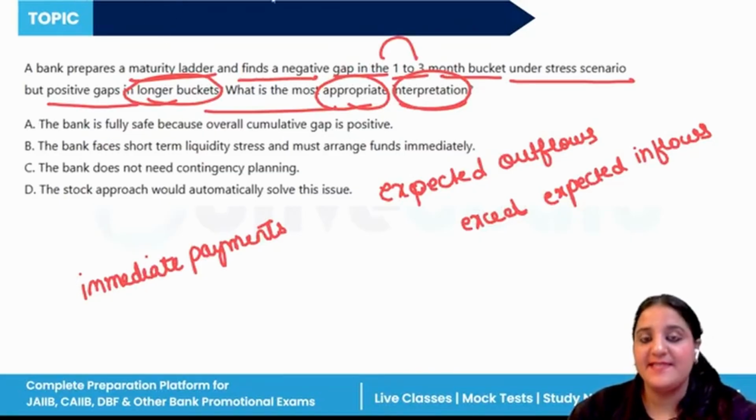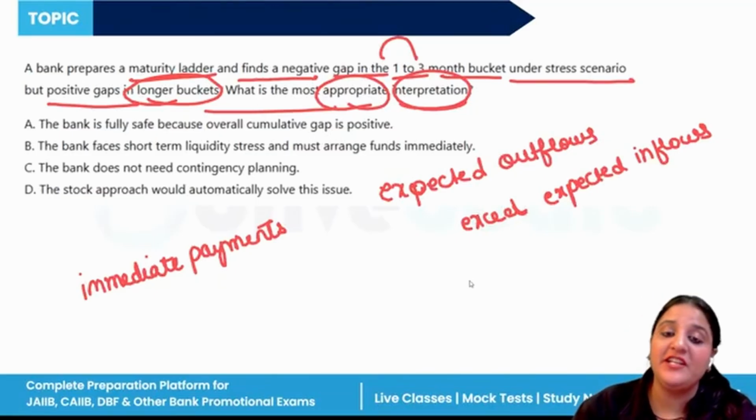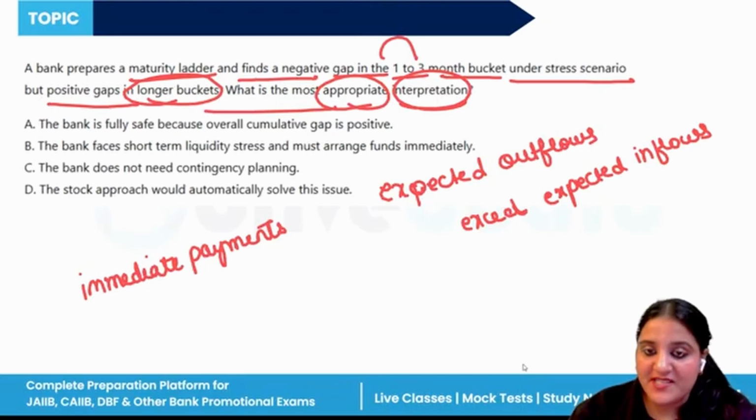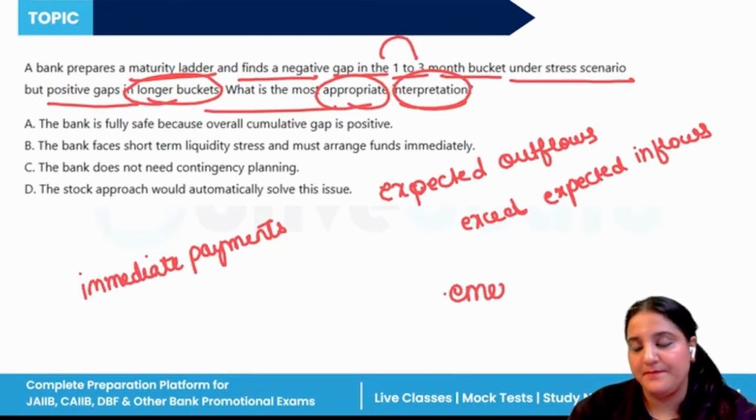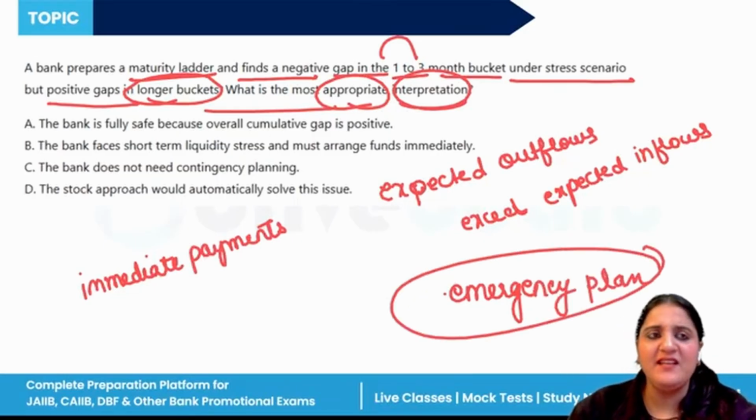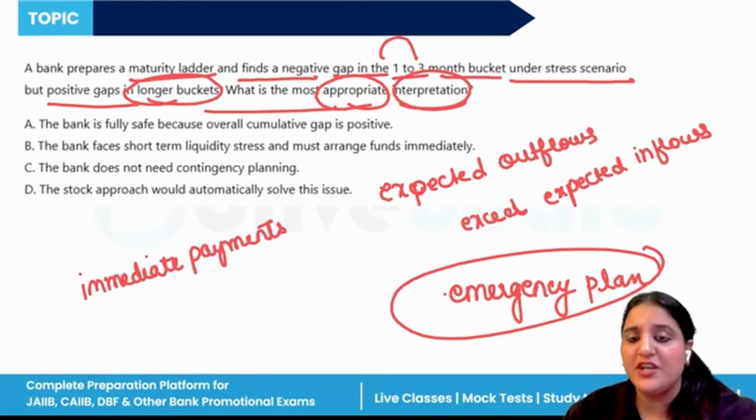Therefore, the bank has to arrange short-term funding, improve liquid assets, or activate the contingency funding plan. A contingency funding plan is generally an emergency plan, right? It is prepared to meet any type of uncertain future event.